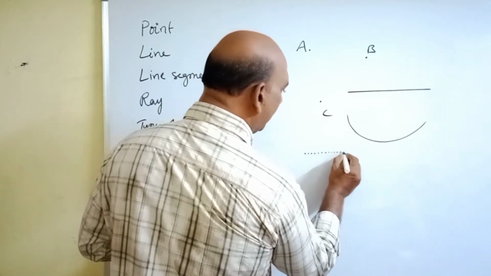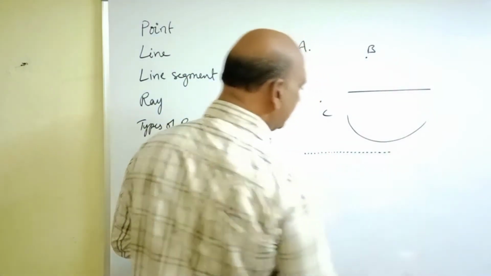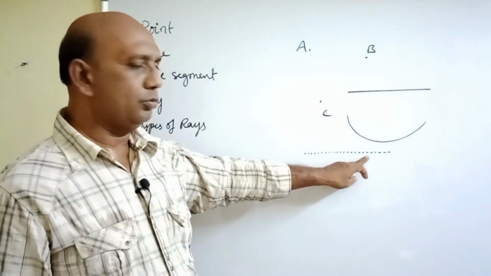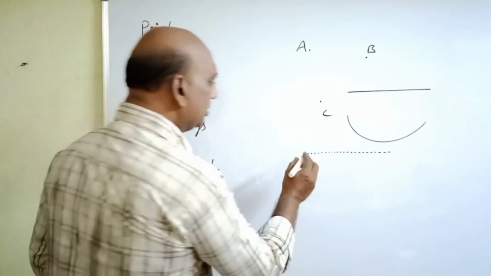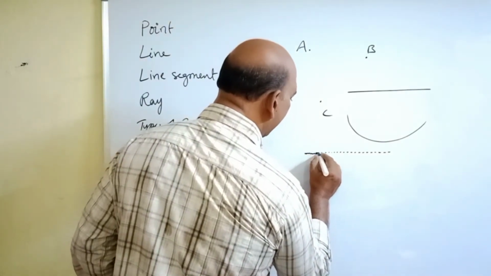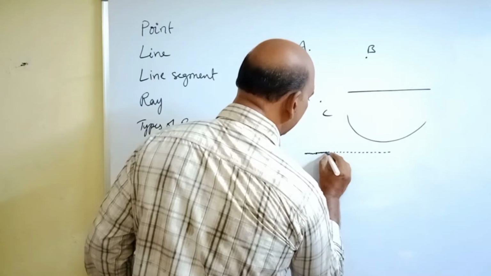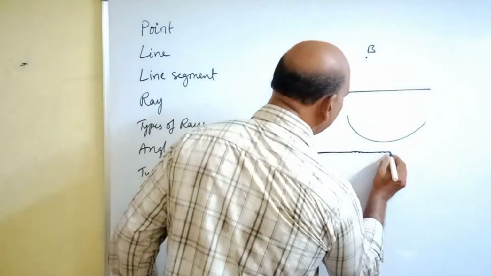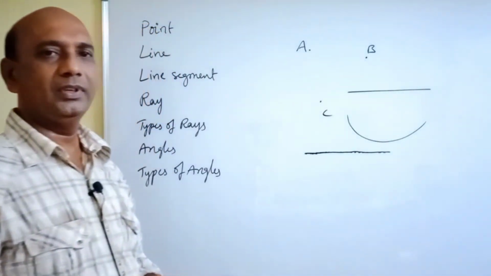If we go on plotting all these points, some gaps are still there between every two points. If we fill those gaps also, without having any gaps, then the continuous pattern looks like a straight line.